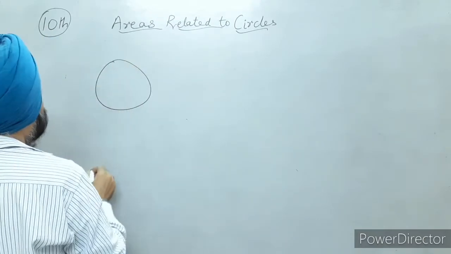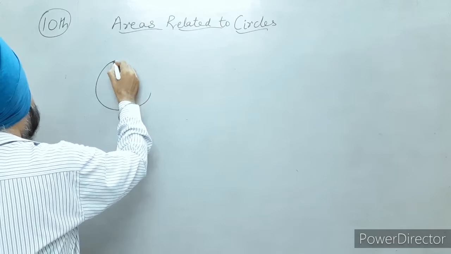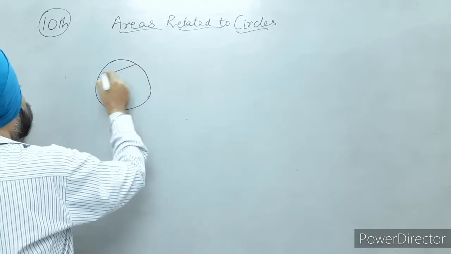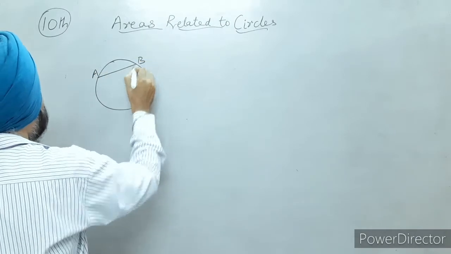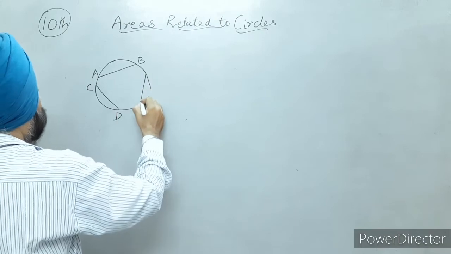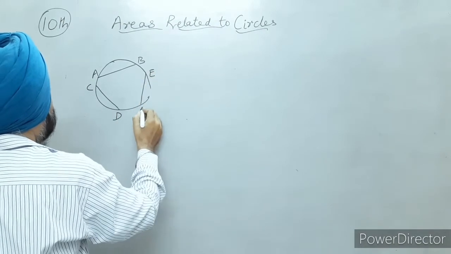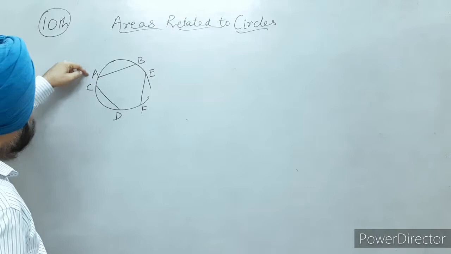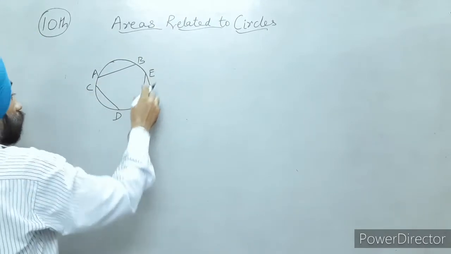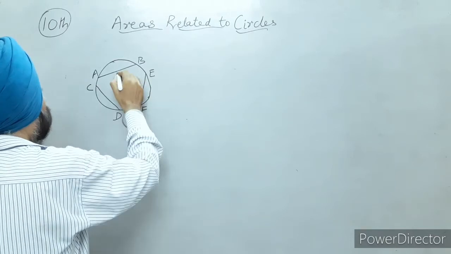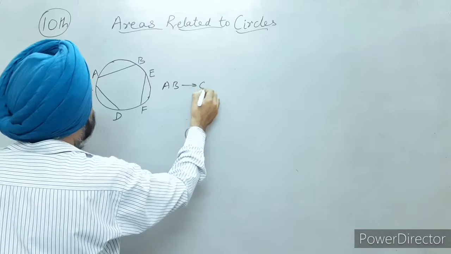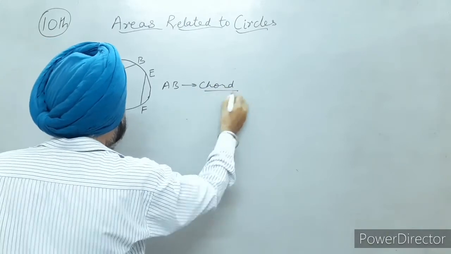Now, this is a circle, right? The join of any two points A, B or C, D or say E, F. When I join any 2 points on the circle, then AB or EF or CD is the chord of the circle, is called the chord.